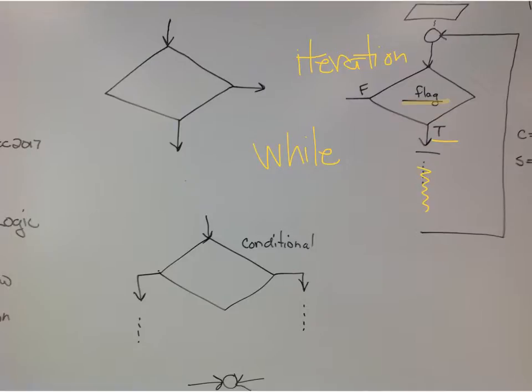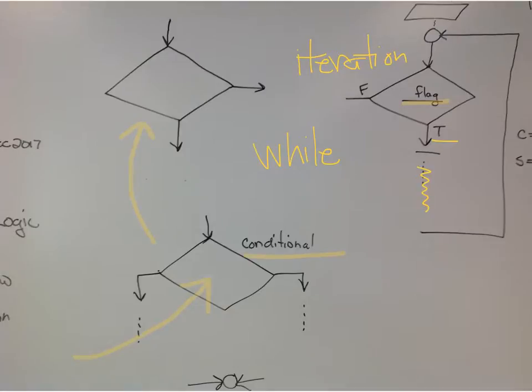We talked about the two different kinds of decision boxes. Here's a decision box that's talking about iterations, either leading or trailing decision. And this decision box here is talking about a conditional.